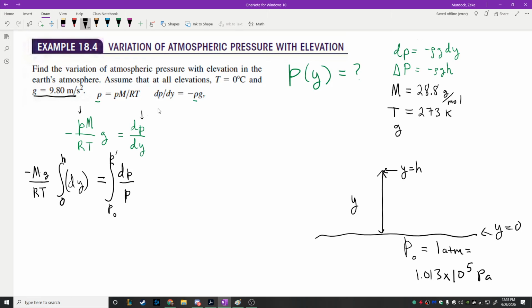Okay. So then let's solve it. Right-hand side, h minus 0. It's just going to be h, so we'll have negative molar mass times g times h divided by big R times T. And this should be equal to this integral. What's that going to be? dP over P. So this is going to be the natural log of P prime minus the natural log of P naught.